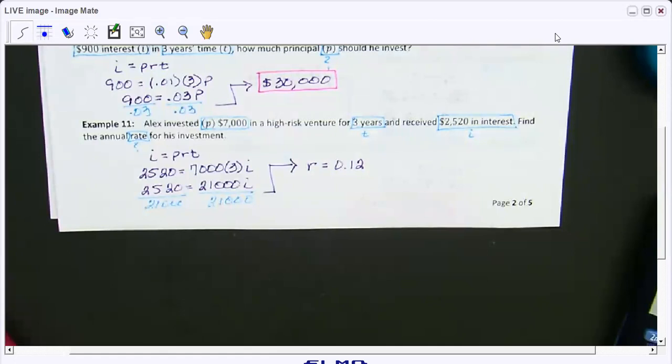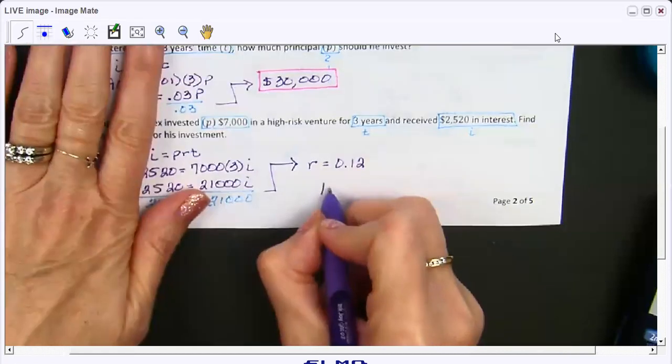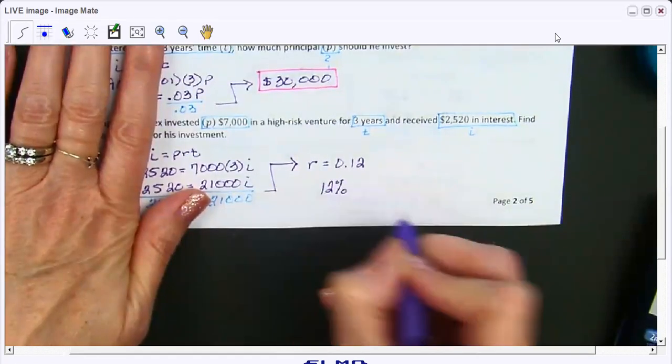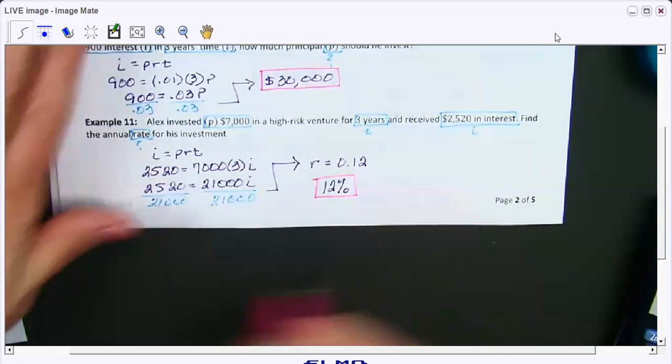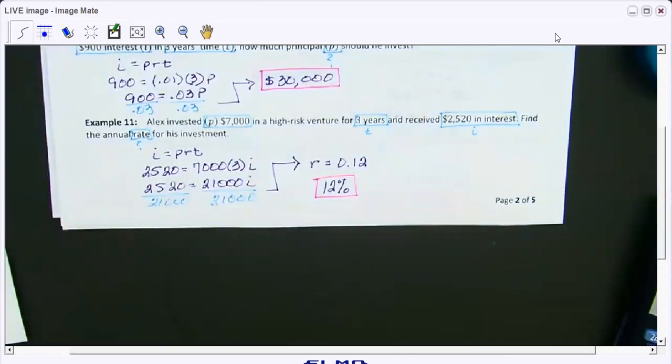Anyone want to tell me what it should be? How should rate be written? It needs to be written as a percent. So my answer is going to be 12%. There you go. Good.